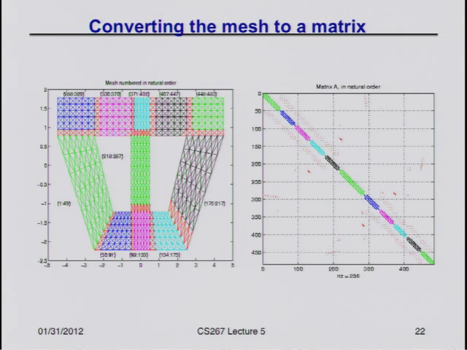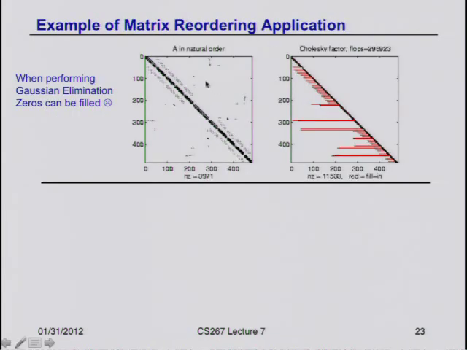So let's see what happens now if I actually do Gaussian elimination on this matrix as I've written it down, and I use an algorithm which only does arithmetic and stores the non-zero entries. So here's a picture of the matrix. I've left out the colors now, so all the black dots are the non-zeros. And here's what happens after I do Gaussian elimination, or actually Cholesky, on the algorithm. What I've done here is I've drawn in all the non-zeros, put a little dot where I get a non-zero.